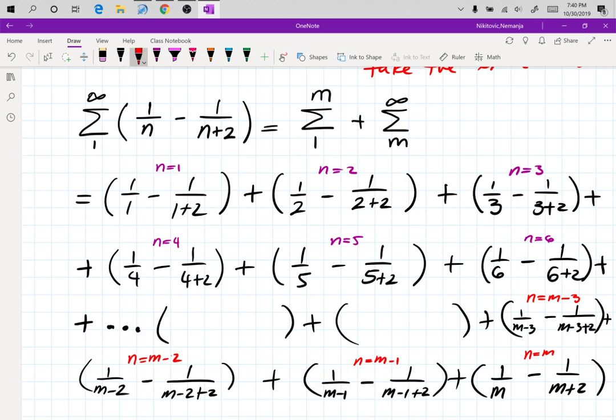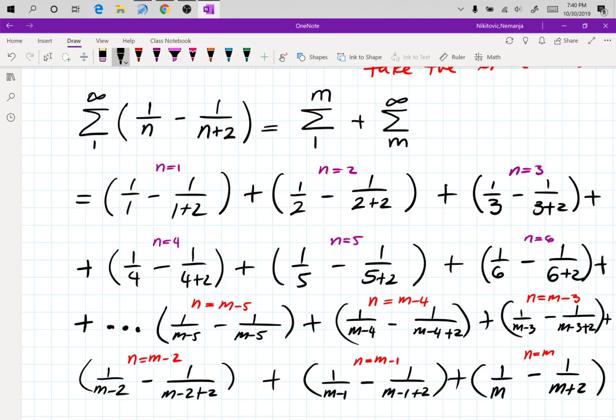You're going to say, is this really necessary? Yes. Next term is m minus 4: 1 over m minus 4, minus 1 over m minus 4 plus 2. And the last term we're going to write here, n equals m minus 5: 1 over m minus 5, minus 1 over m minus 5 plus 2. Got it.